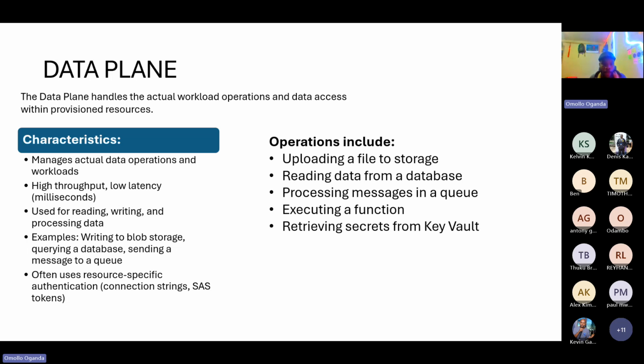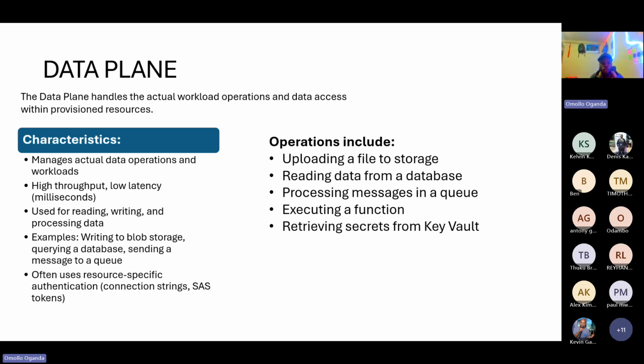Now, what are some of the operations that are included in the data plane? One of them includes uploading a file to a storage, reading data from a database, processing messages in a queue, executing a function, and also retrieving secrets from a key vault. In a nutshell, what happens? Control plane allows you to choose what you want to use in terms of infrastructure and resources: VMs, storage, and databases.